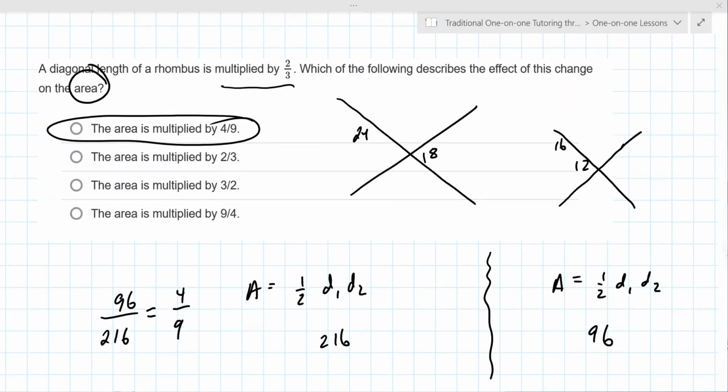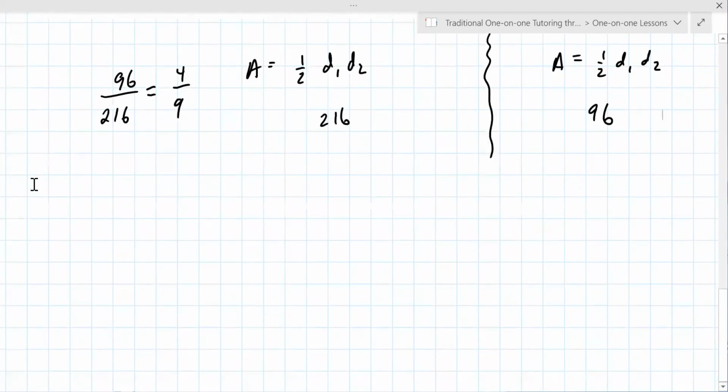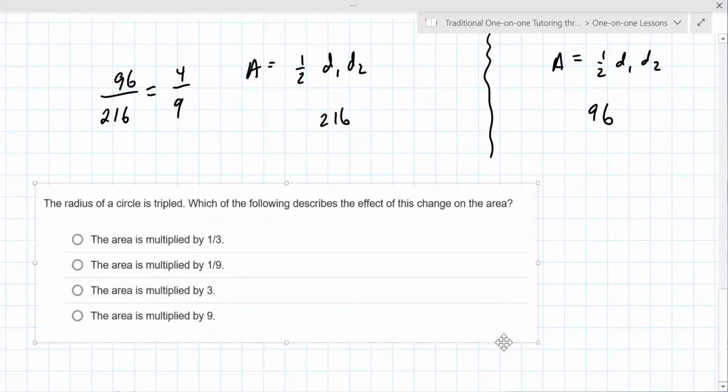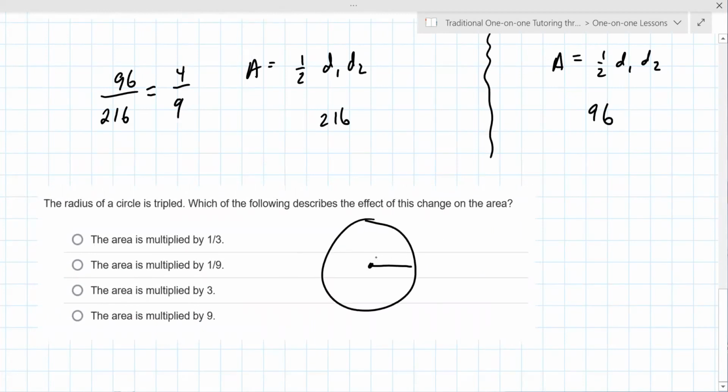Okay, so now let's see if we can figure this out without actually doing it. But like most students, you probably want to try some numbers, so that's okay here. So let's say we've got a circle, and let's say the radius is 2.